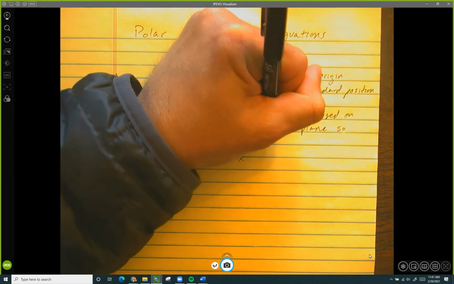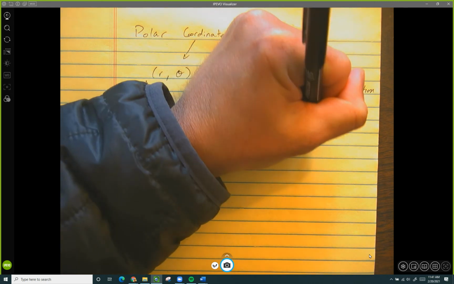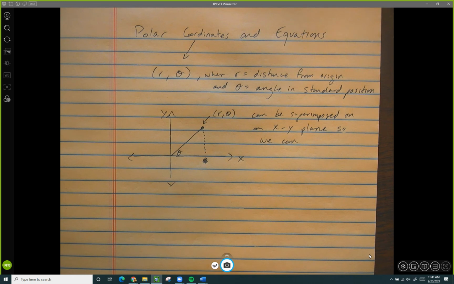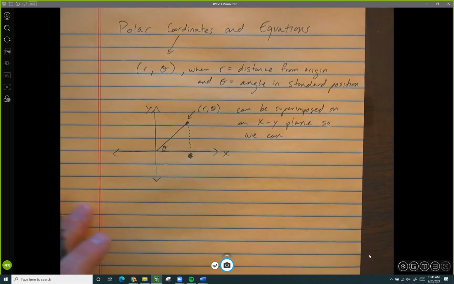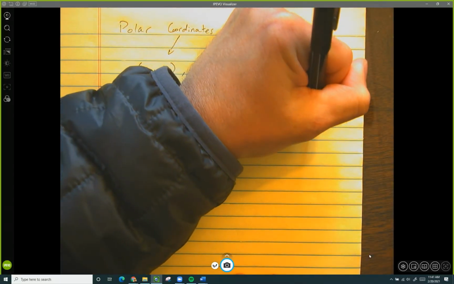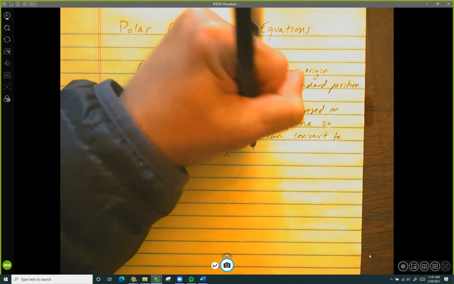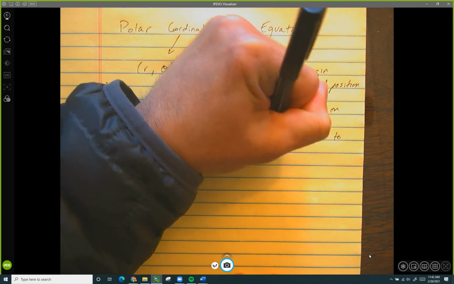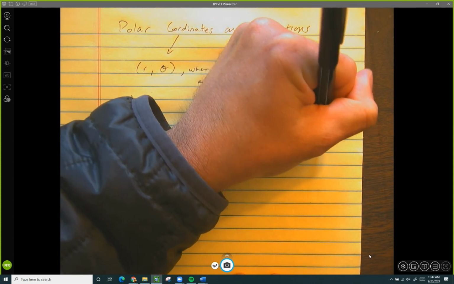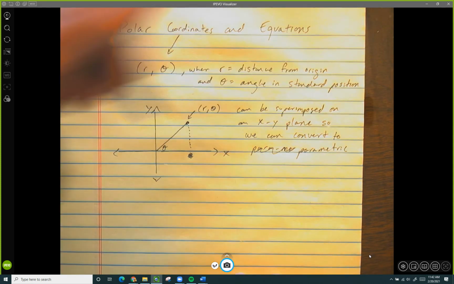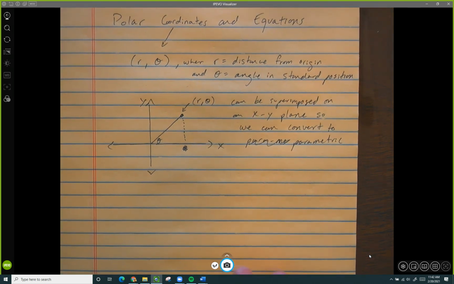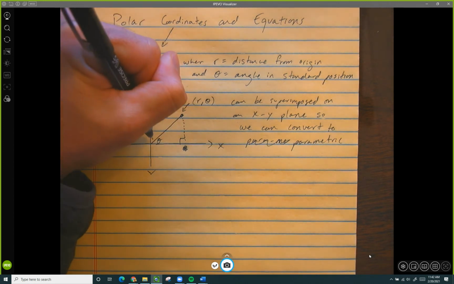So we can convert to parametric. Right? Like this is a right triangle, and r is this distance.